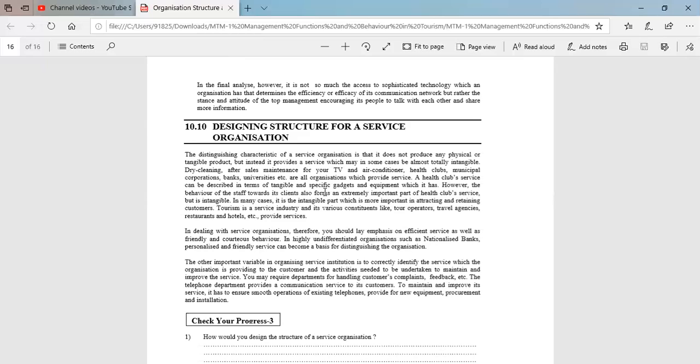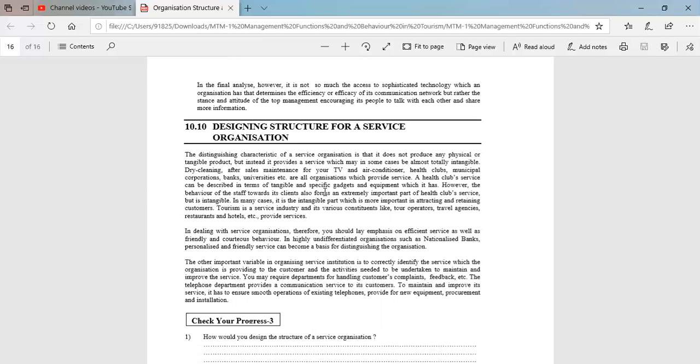How will you organize a structure for service departments? In a hotel, you will have to work according to functionality, as I studied earlier, structure according to functionality will also work. And with that, you have to work with a little bit of matrix organization.